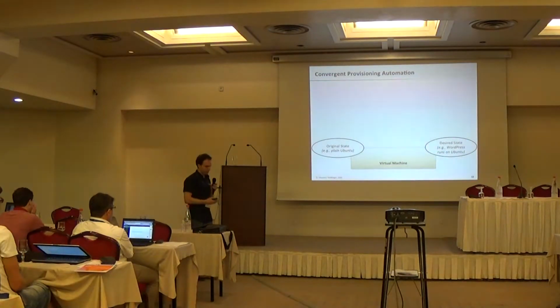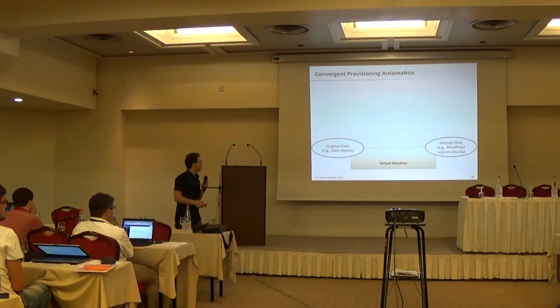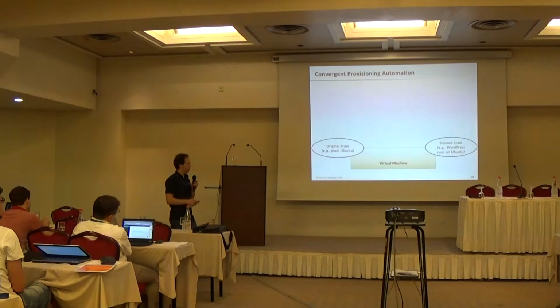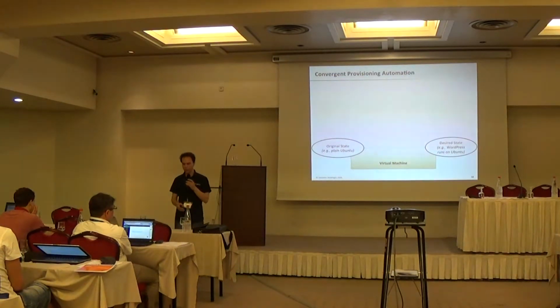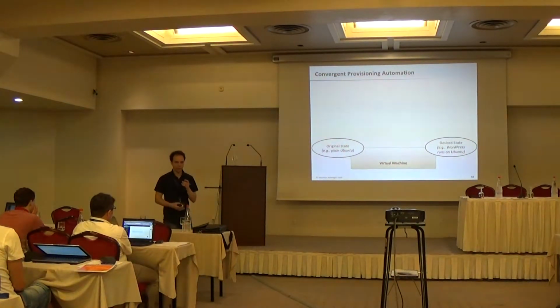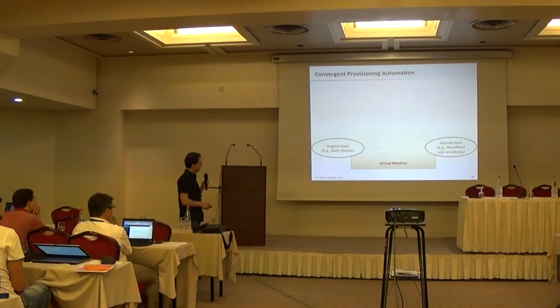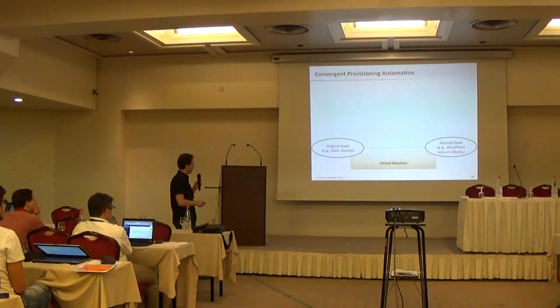What Chef technically implements is the concept of convergent provisioning automation. This is not something that is specific to Chef. There are other tools out there, for example Puppet, that implement the same mechanism, and I will shortly explain what it means. You have an entity here, such as a virtual machine. This could also technically be a physical server or a container that is running on top of a virtual machine. And you basically have two states.